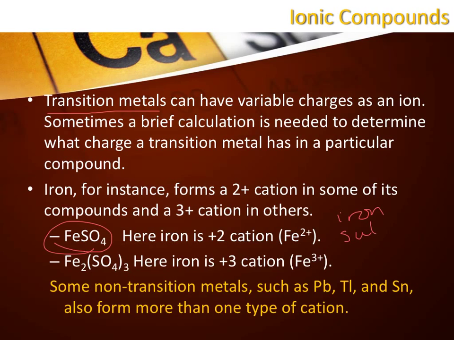I haven't even taught you how to name yet, but that would not be correct because iron is a transition metal, and in some cases it has a +2 charge as a cation, other cases a +3. And so you have to have the knowledge of what charge the transition metals have because that becomes part of their name. I just want you to keep that in mind with transition elements.